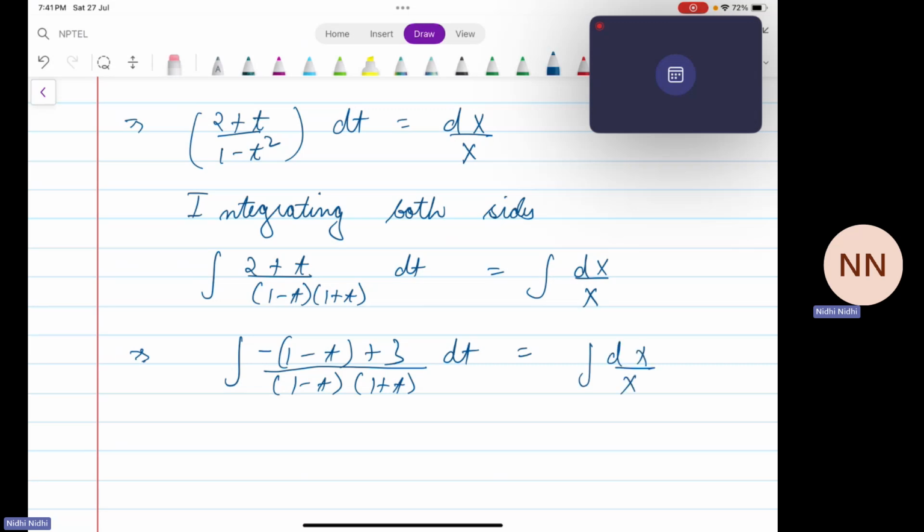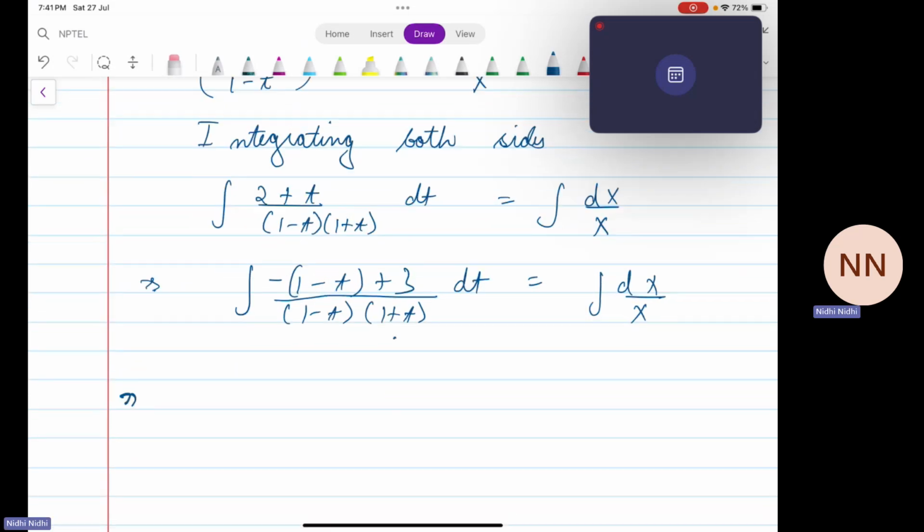One can see why we did such a manipulation, so that we can separate these terms, and in one of the cases the term 1 minus t gets cancelled out. So separating it, we get minus integral 1 upon (1 plus t) plus 3 times integral dt upon (1 minus t)(1 plus t) is equal to integral dx by x.